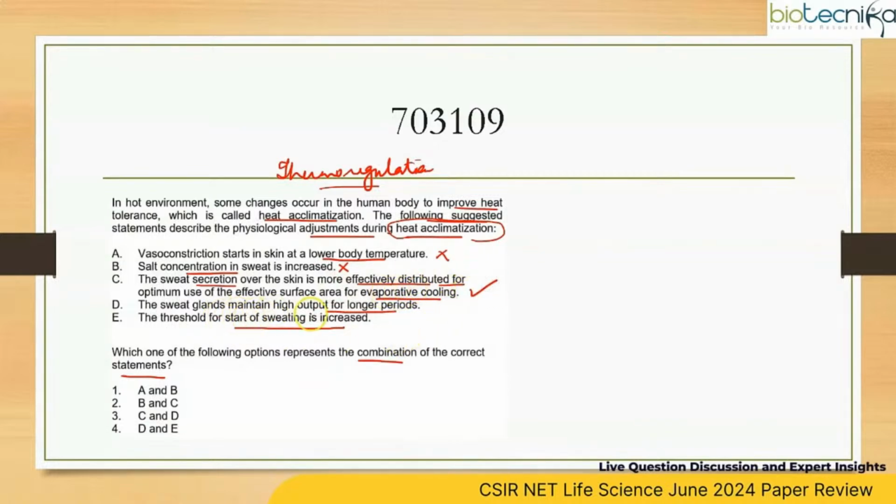D, the sweat glands maintain high output for longer periods. Yes, this is also a correct statement. And E, the threshold for start of sweating is increased. No, because you want sweating to occur, so the threshold should be decreased, right? So E is incorrect. So C and D are the correct statements here. So the right answer should be option 3.